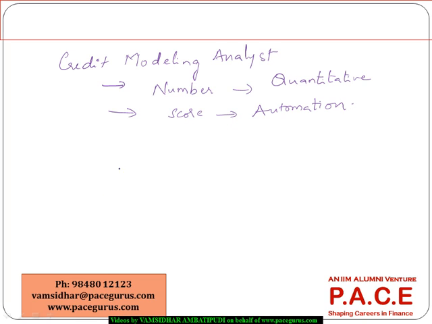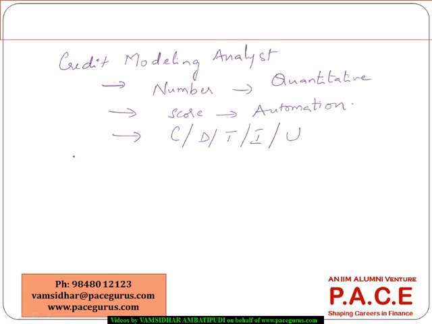So discussions with various risk management experts come up, and based on that discussion, some kind of model is developed to assess the creditworthiness of the people. They get into right from conceptualizing to developing to testing to implementing and updating the model. And when something new comes up, their role is again to rework on the same, take the new requirements and keep upgrading the model. That is one of the key roles of a credit modeling analyst.